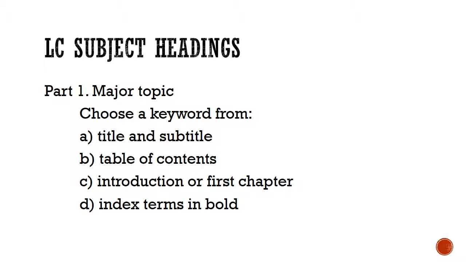Look for the ones that are in bold to kind of say these were probably the most important ones for that particular book. So we're looking for these keywords, and it's the language that the book's author uses.